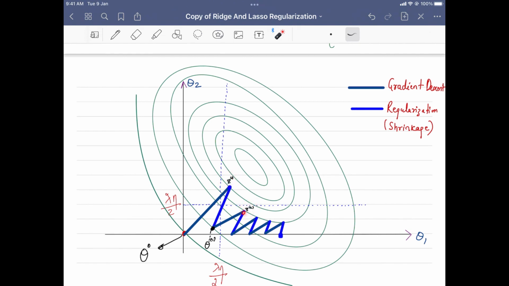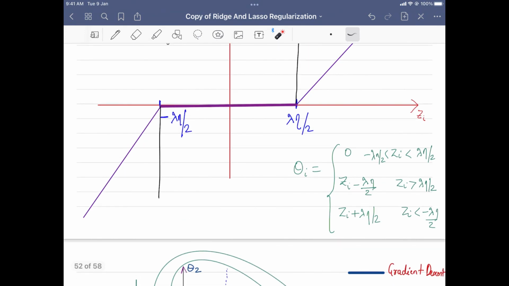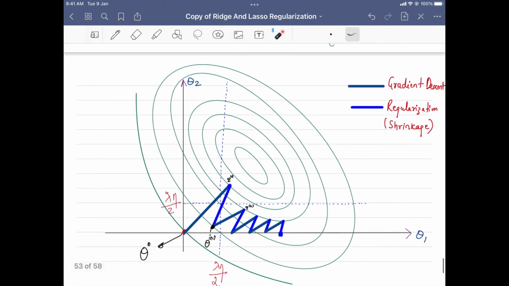And here you see in this particular z2, the component of this z2 is less than lambda eta by 2, so you will not touch it. Oh sorry, you will actually make it 0. Because you can see here, if you are less than lambda eta by 2, you will make that value 0. So this component of z vector is less than lambda eta by 2, so you will make that component of this vector 0.